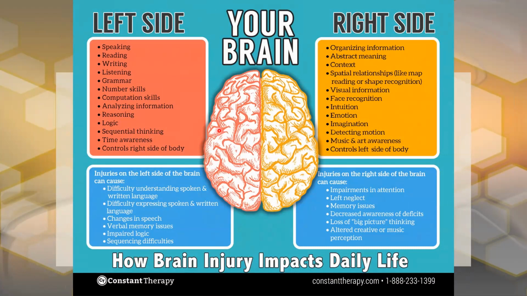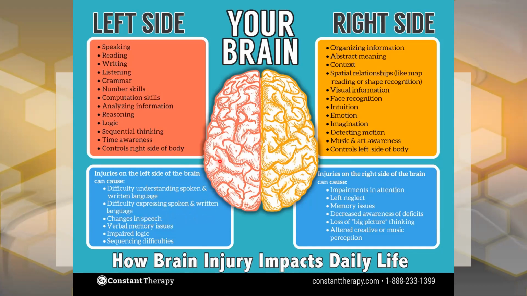If an injury involves either side of the brain, the person will have certain difficulties. If the left side of the brain is injured, it will cause difficulty understanding spoken and written language, and difficulty expressing spoken and written language.